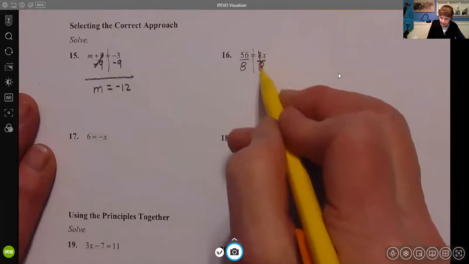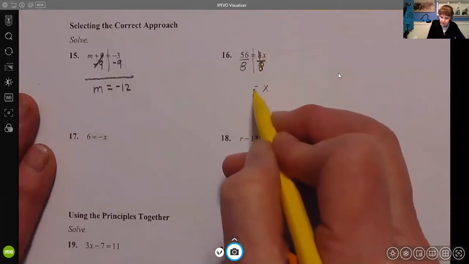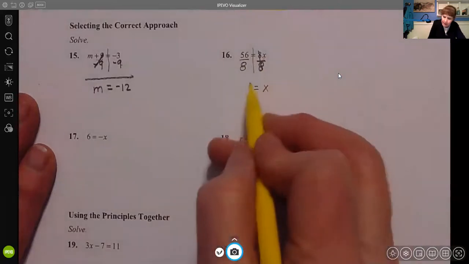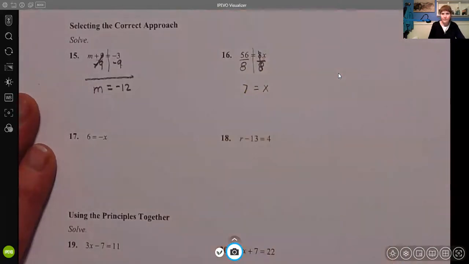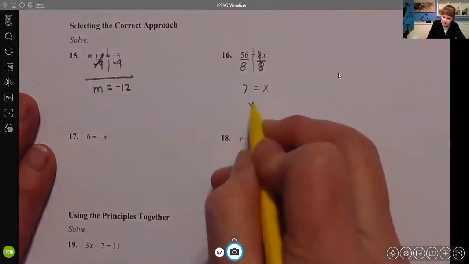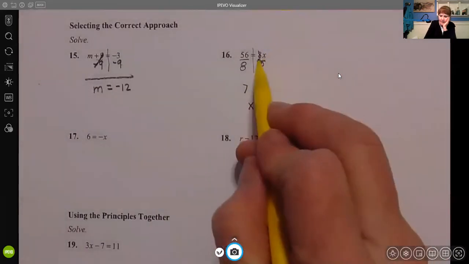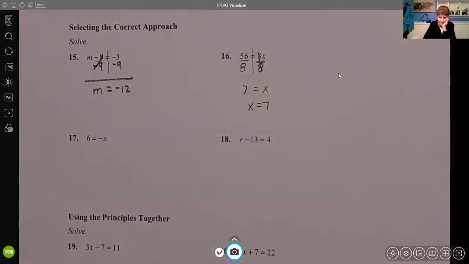So I have an x by itself, even though it's on the right-hand side. 56 divided by 8 is 7. Now you can also swap sides like that. It means the same thing, because 8 times 7 is 56.